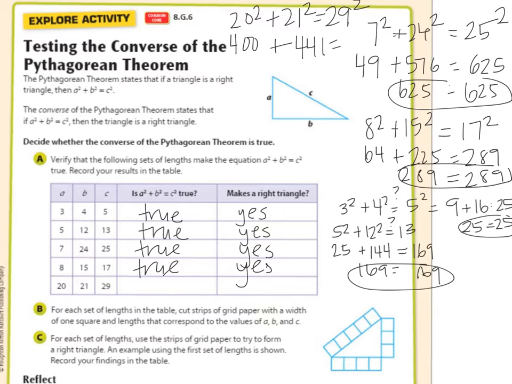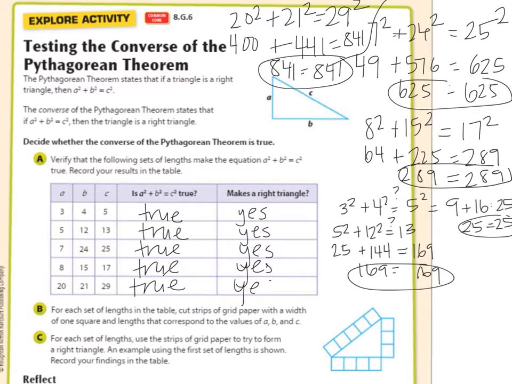Does it equal 29 squared? 29 times 29 is 841. So then 400 plus 441 equals 841. So this is also true.